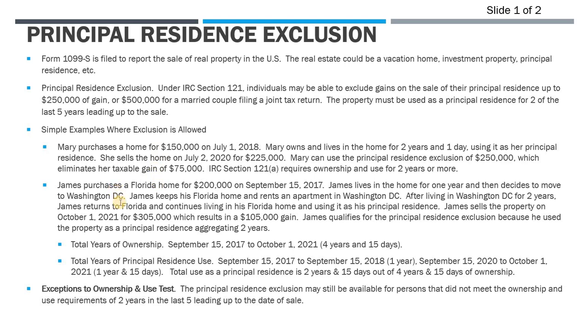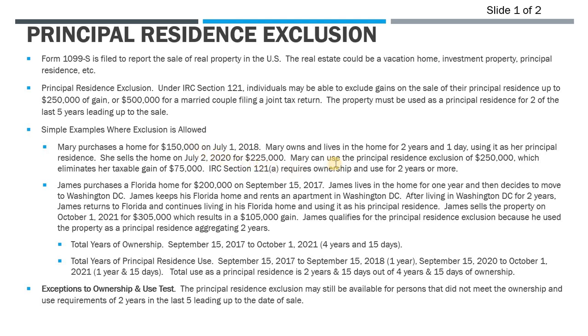So let's look at two simple examples which illustrate how this works. Mary purchases a home for $150K in July 2018. She owns and lives in the house for 2 years and a day, using it as her principal residence, and she sells the home for $225,000. So the amount of gain that she has on the sale is $75,000.